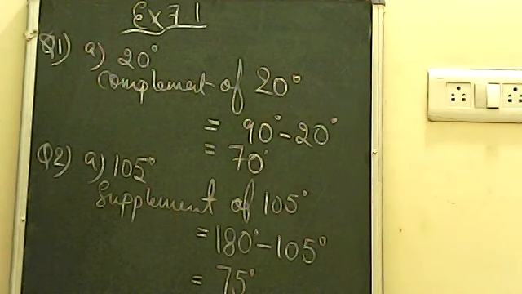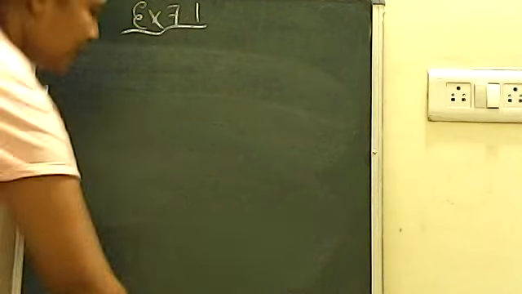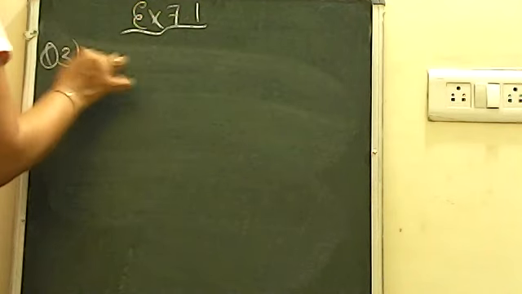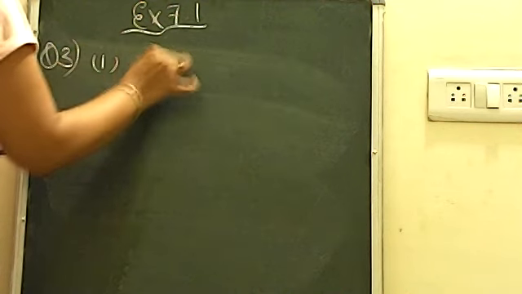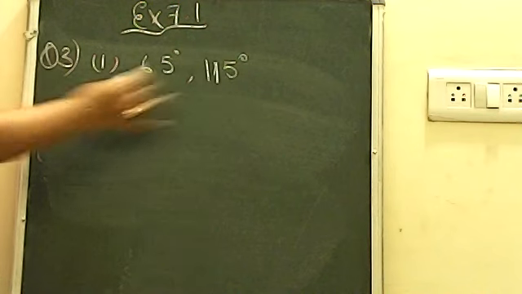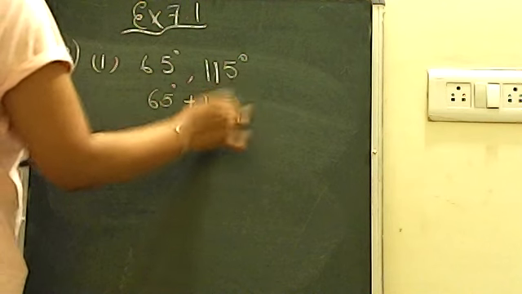Okay, so I will take one example from this question number 3. Let's say we take the first one. It is telling 65 degree and 115 degree. So what will you do? You just add both, so you will add 65 plus 115.